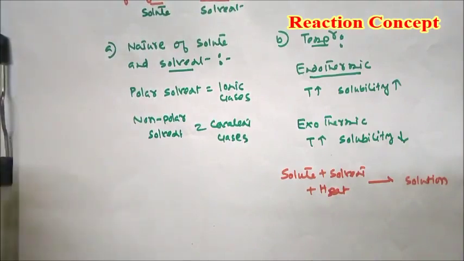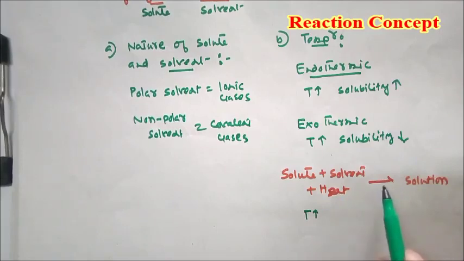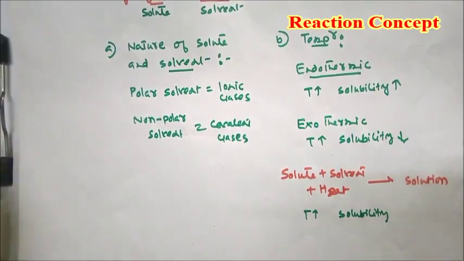In this case, the reaction needs some amount of heat from external sources. If we increase the temperature, then we add some amount of heat to this system. So the rate of the forward reaction will be increased. So the solubility will increase.